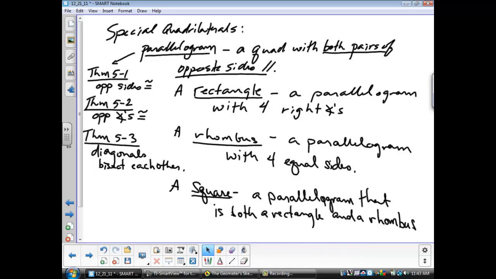Which means, since a rectangle, a rhombus, and a square are parallelograms, all of these have the same properties. They all have both pairs of opposite sides parallel, both pairs of opposite sides congruent, both pairs of opposite angles congruent, and the diagonals bisect each other.